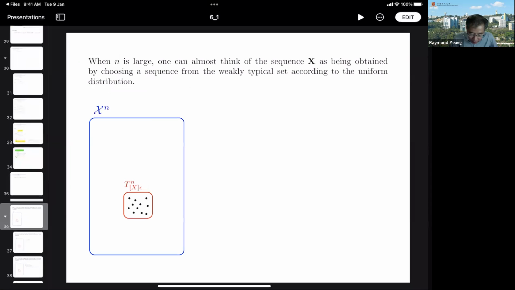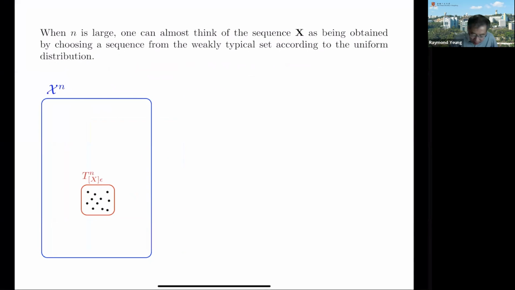Now, this picture is important. In information theory, it turns out that when we think about the asymptotics, it actually helps to think sloppily in the following way, but sloppily in the right way. Here in this picture, the rectangle is the set of all n-sequences, and the typical set is the set in red, and the dots are the typical sequences.